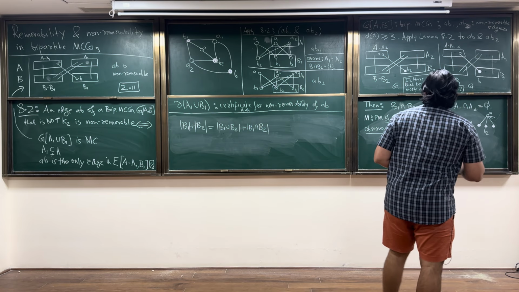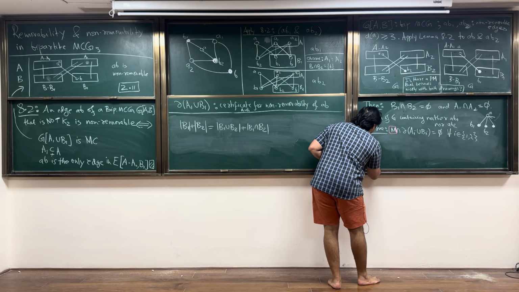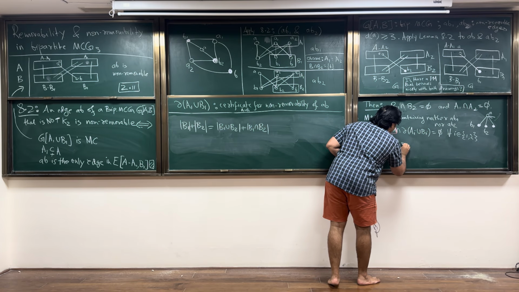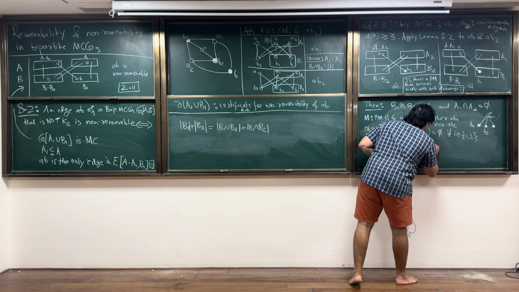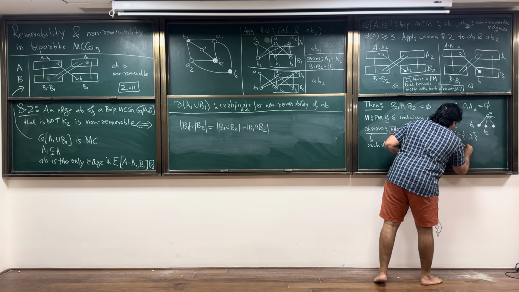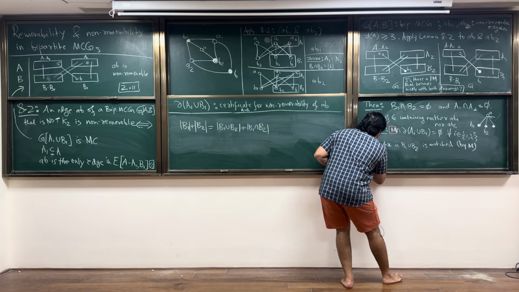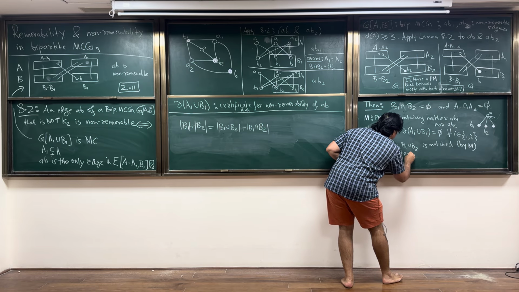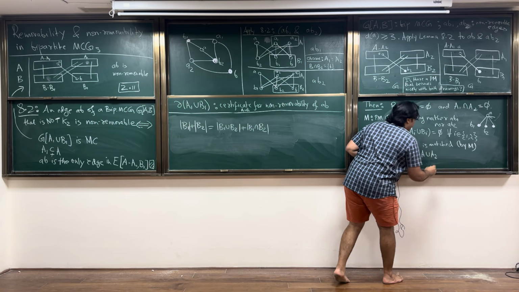Each vertex in B1 union B2 is matched by M with some vertex in A1 union A2.